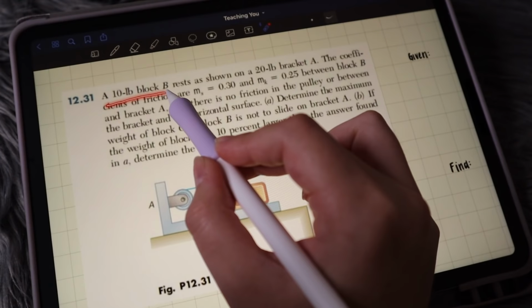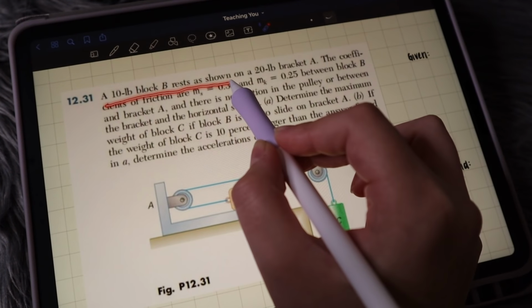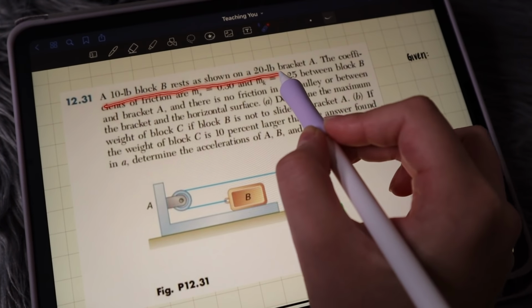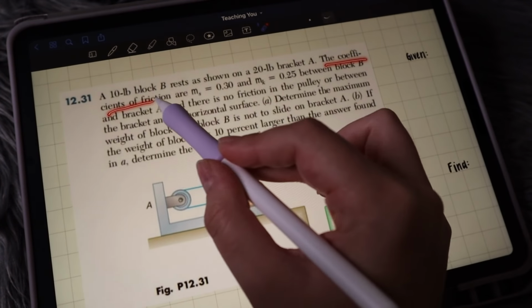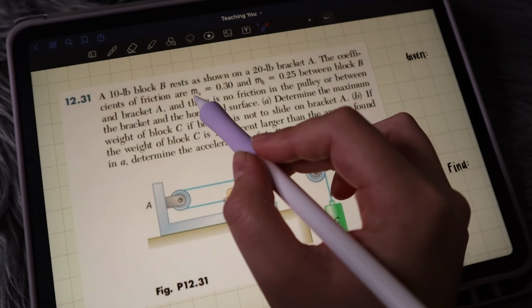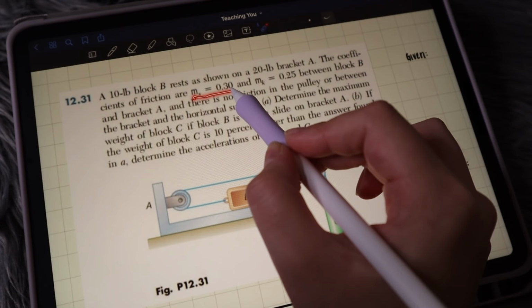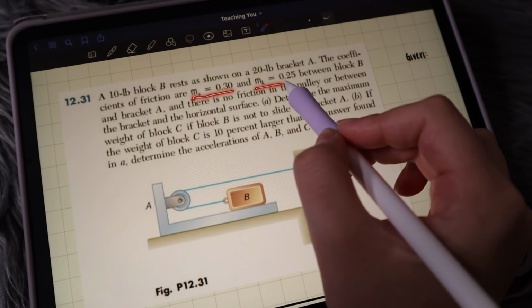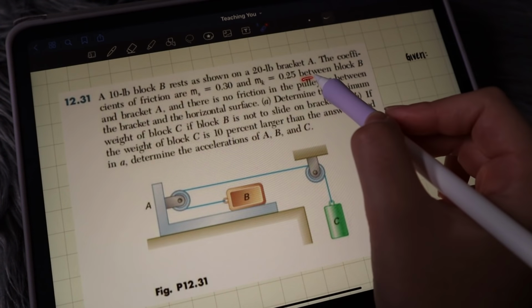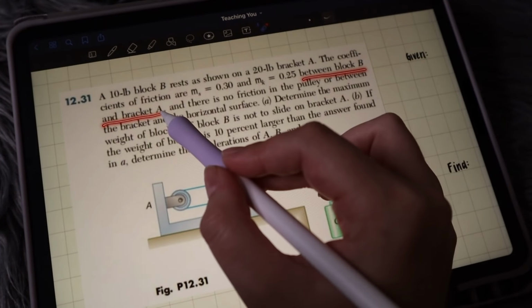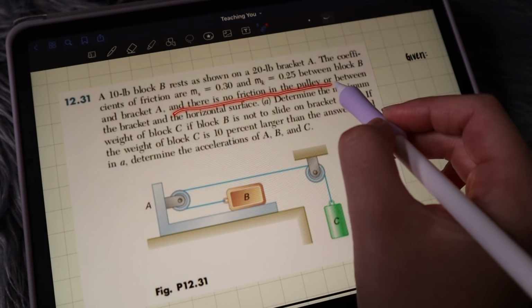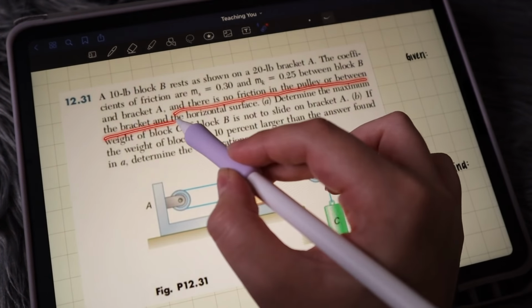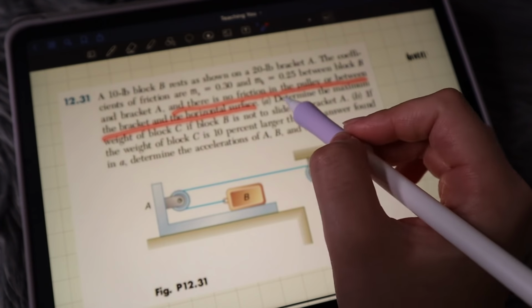A 10-pound block B rests as shown on a 20-pound bracket A. The coefficients of friction are μs = 0.30 and μk = 0.25 between block B and bracket A, and there's no friction in the pulley or between the bracket and the horizontal surface.